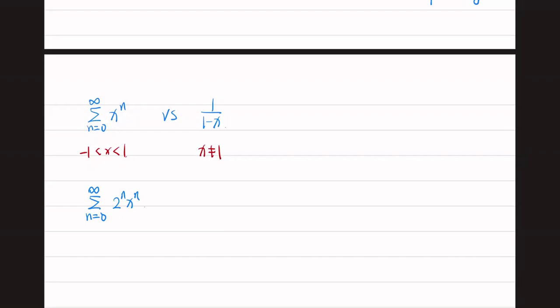The interval of convergence. We can convert this to something like that by using the power rule.